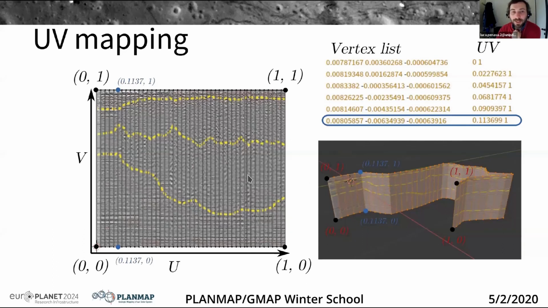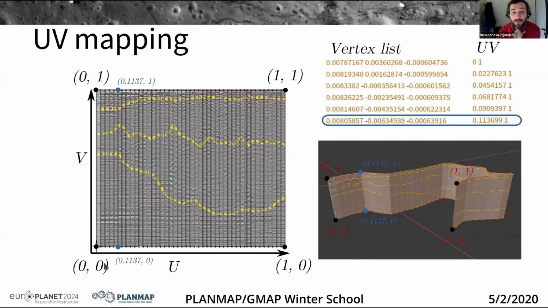So what happens internally is that for each vertex of your 3D model, what is called UV coordinates is also stored for your 3D data. UV coordinates correspond to a reference frame that relates to the pixels of your image you want to put on the 3D model. It's a normalized reference frame.